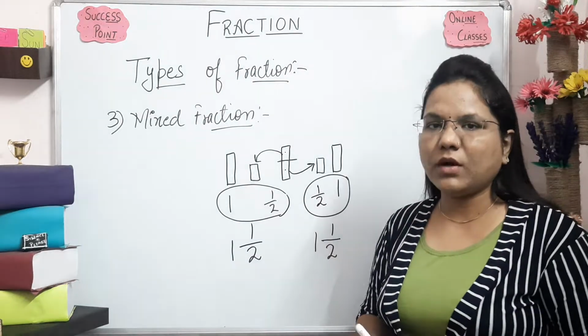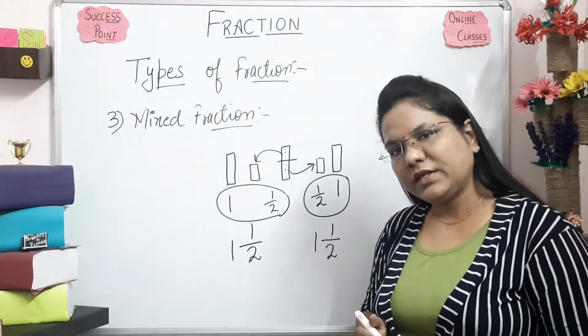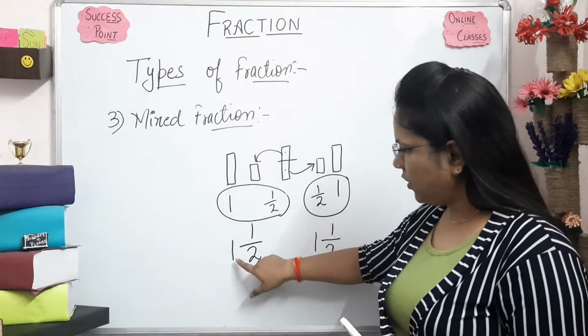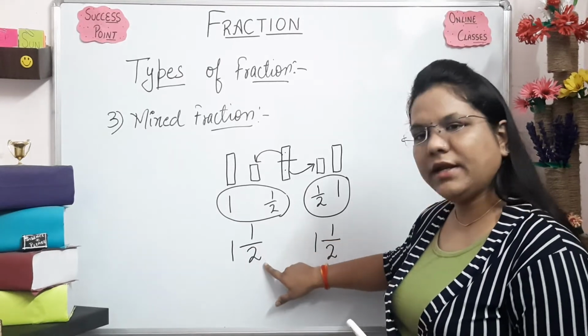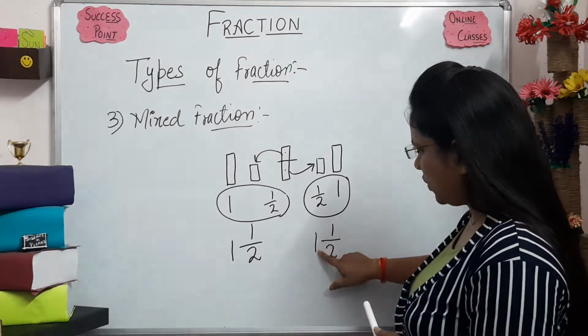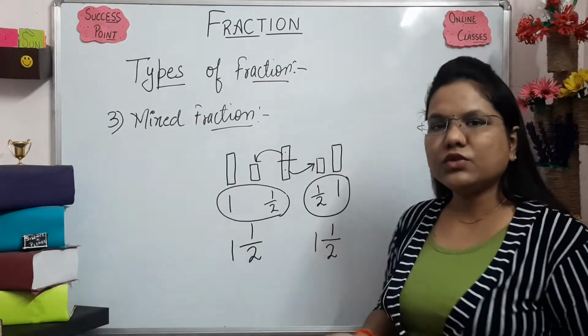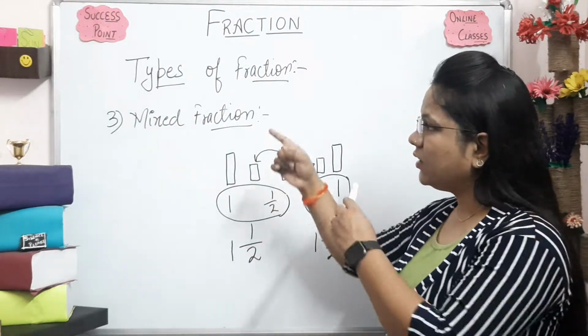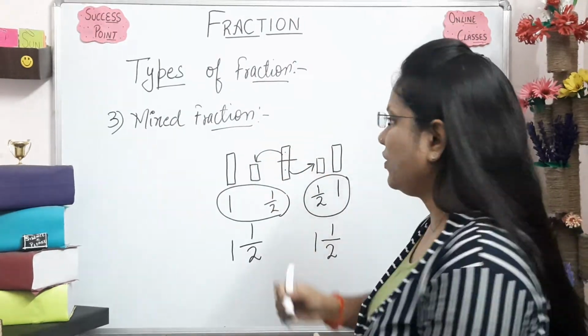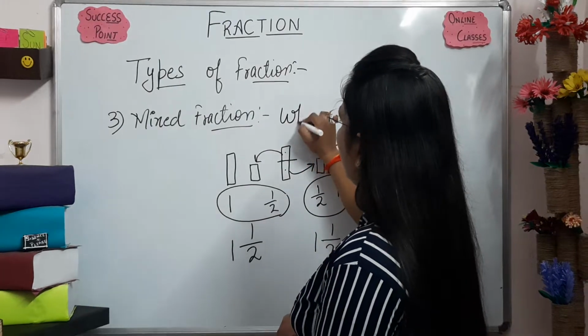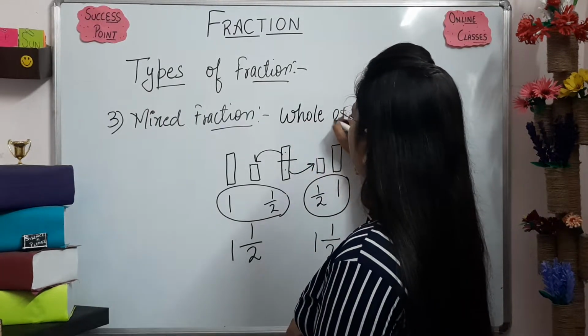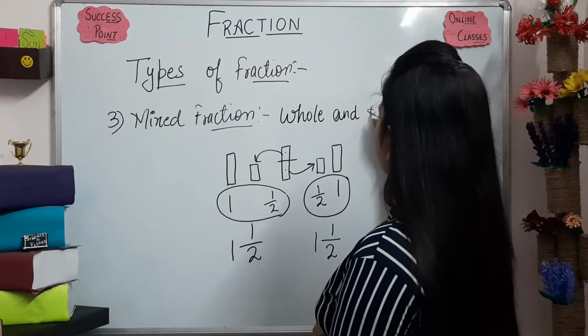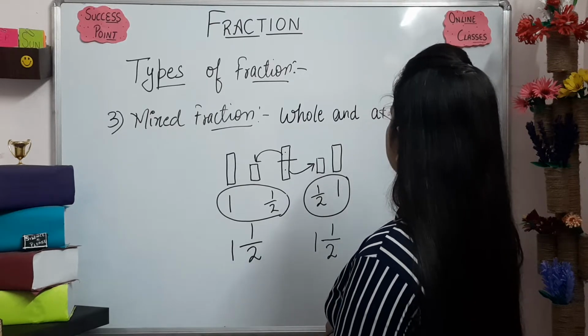So this is all about mixed fraction. So how to read it? 1 and 1 by 2. This side also 1 and 1 by 2. These are called mixed fractions, where we have 1 whole number and a fraction.